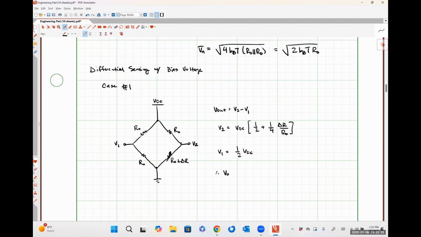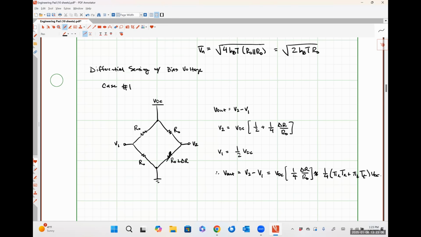And when we take those two signals, V out is equal to V2 minus V1, the 1/2 VDC term cancels out, and we're just left with our DC voltage that we are applying times a factor of 1/4 delta R over R naught, which will be approximately 1/4 (pi L sigma L plus pi T sigma T) times VDC.